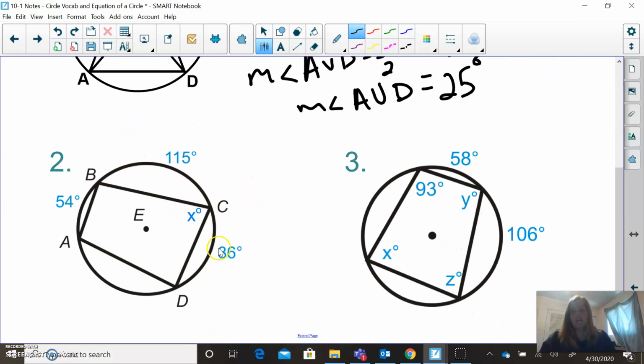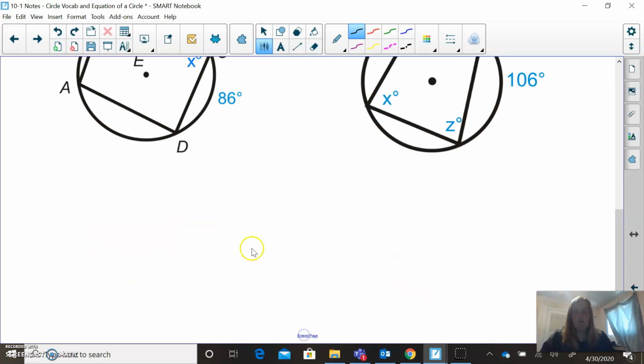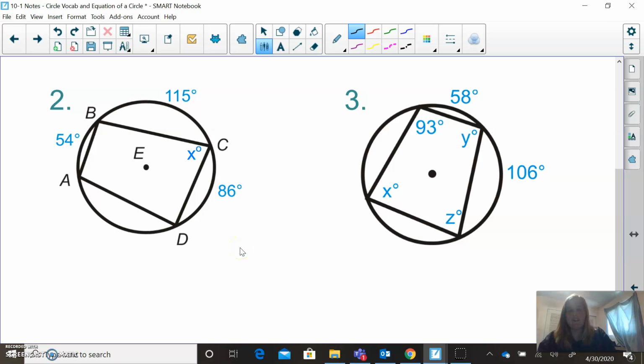Alright, so let's look at this picture here. We need to find x. Now, x is angle BCD. But we don't know what the arc AD is. So we can find what arc AD is by adding all these together and then subtracting from 360. So let's take 115 plus 86 plus 54.